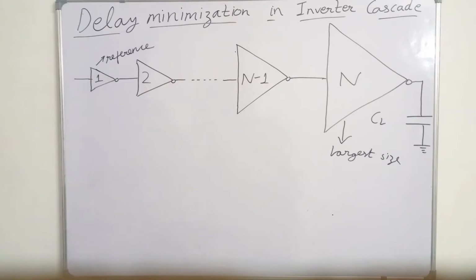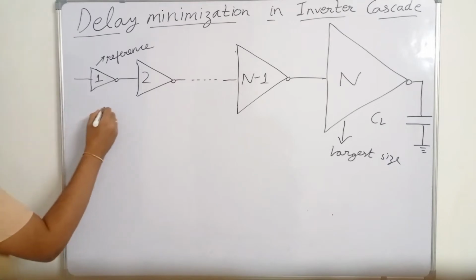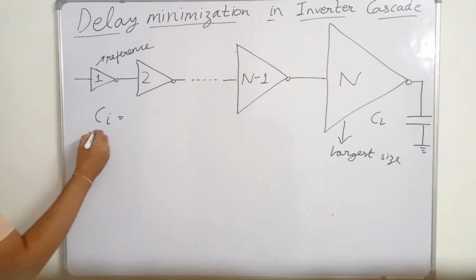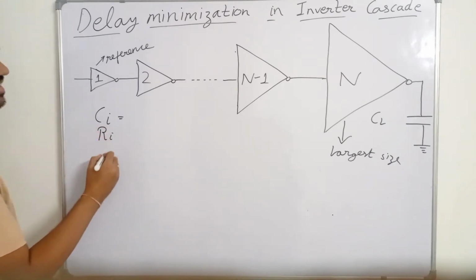So this is a standard reference inverter. Its input capacitance, that is Ci, is known. Its FET resistance Ri is known.